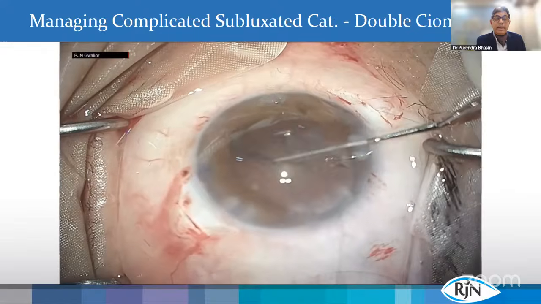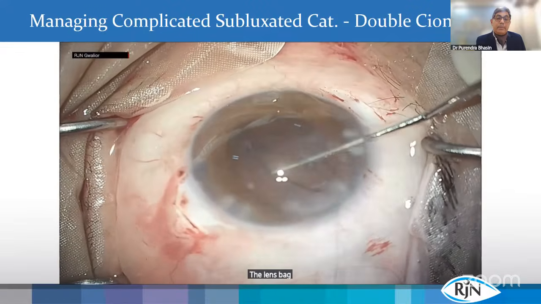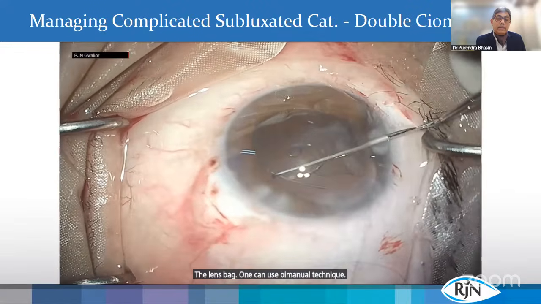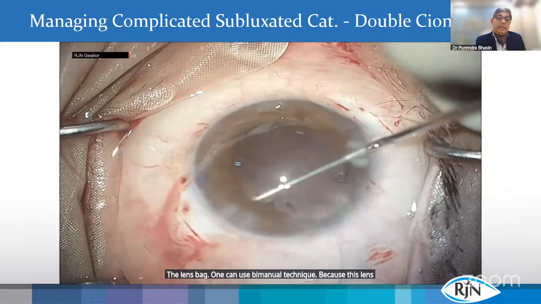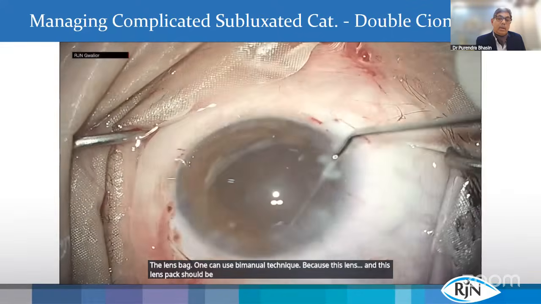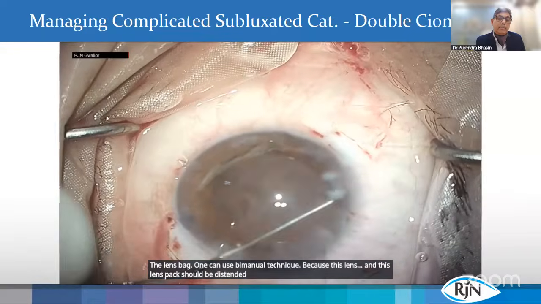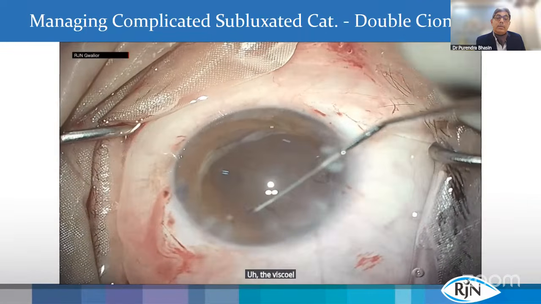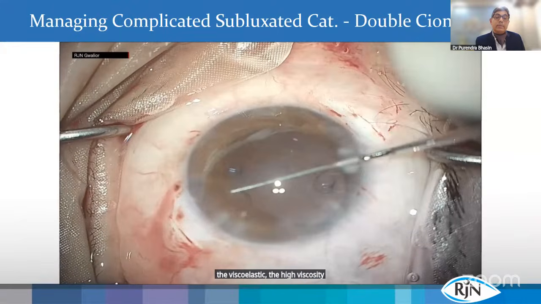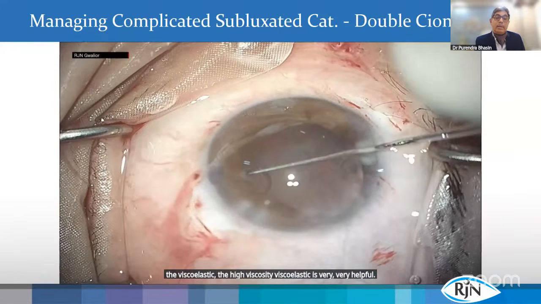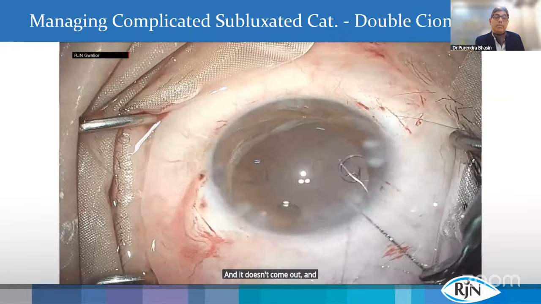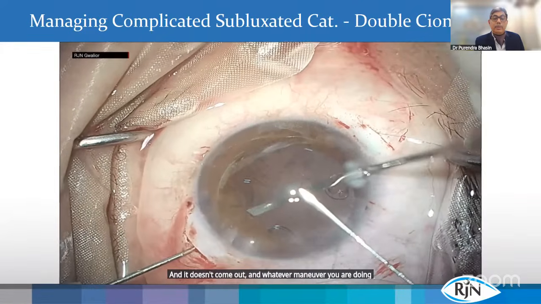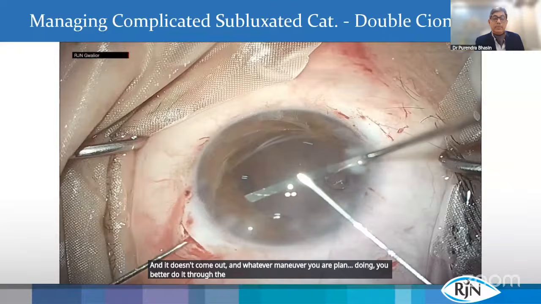For the lens bag, one can use a bimanual technique, because this lens bag should be distended with the help of the viscoelastic. The high viscosity viscoelastic is very, very helpful, and it doesn't come out. Whatever maneuver you are doing, you better do it through the paracentesis wounds.